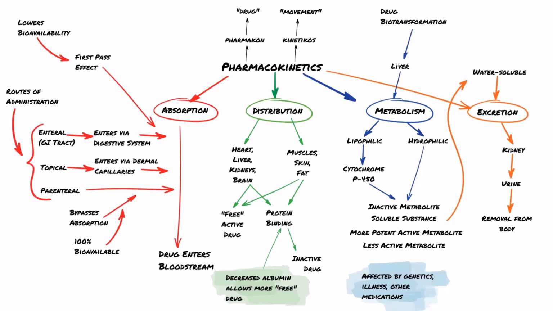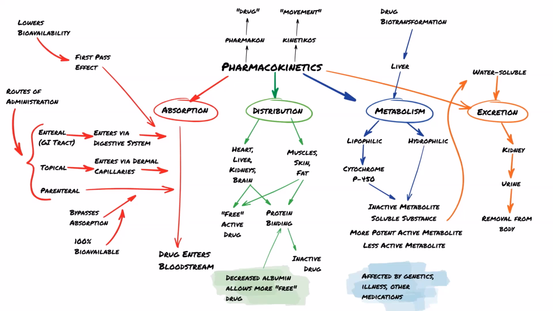Although often to a smaller extent than the liver, the kidneys themselves are capable of metabolizing a variety of medications. It's important to note that not all drugs follow this four-step journey. Some might bypass a stage, depending on their design and purpose, like intravenous drugs that skip absorption and head straight to the bloodstream.